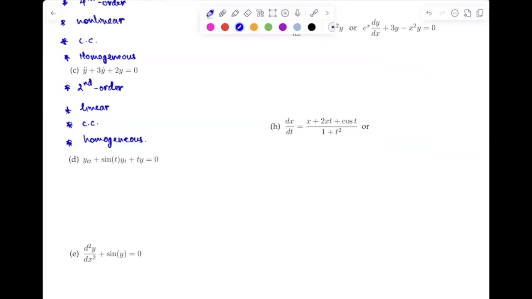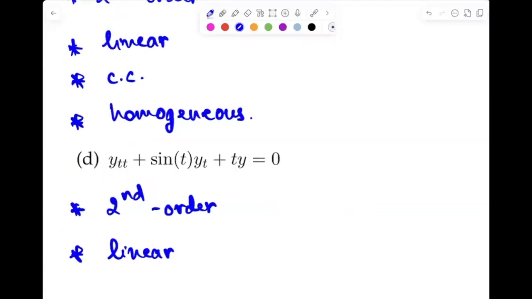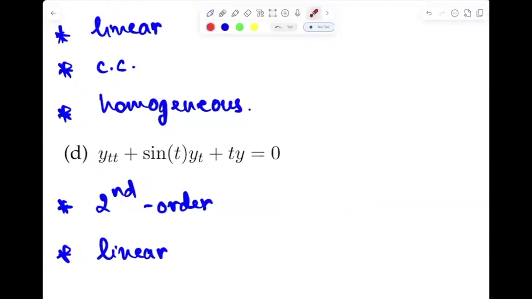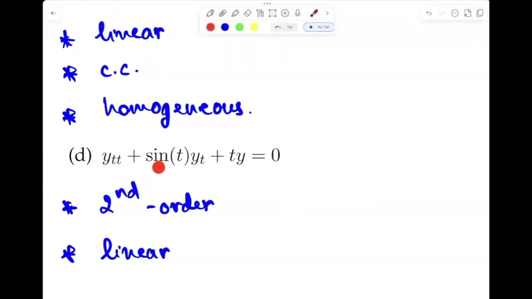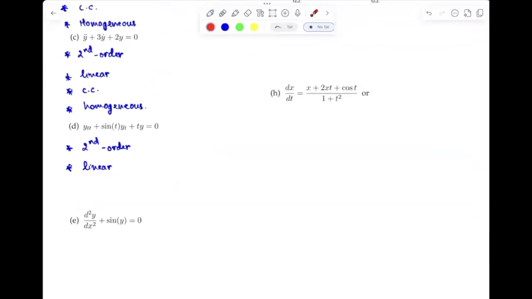No. Good. Now D, this is second order as well. This is a linear differential equation, even though, yes, I have non-linear terms, but these are with respect to the independent variable, so it doesn't count. So it's still a linear differential equation. And this is with non-constant coefficients, right?